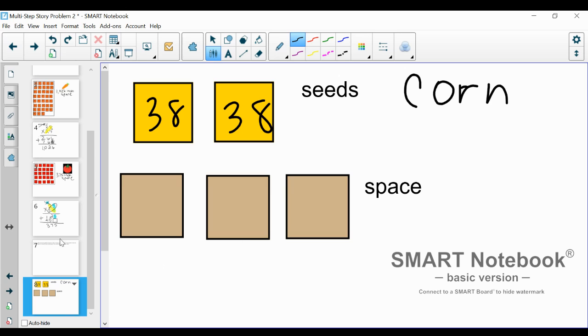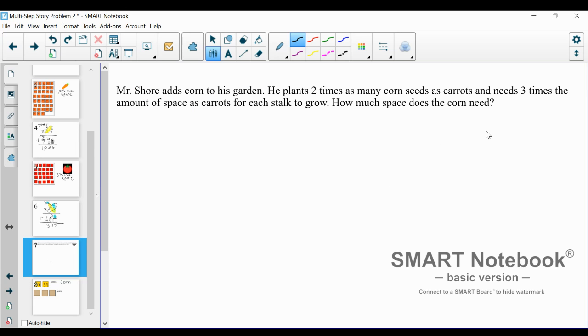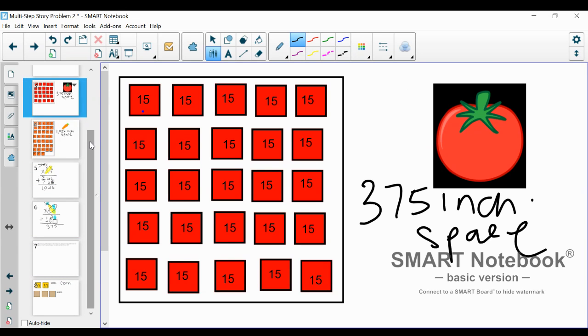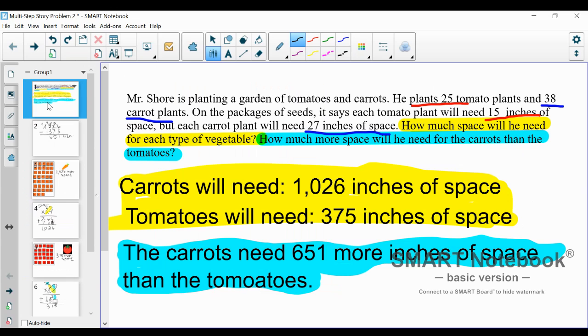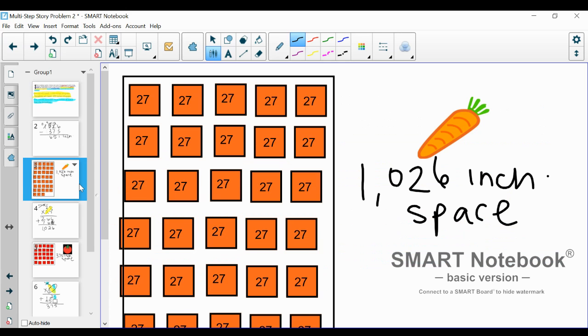Okay. And then it says here, and 3 times the amount of space as the carrots for each stalk to grow. Let's see how much space each carrot needed. It looks like each carrot needed 27 inches of space. See?